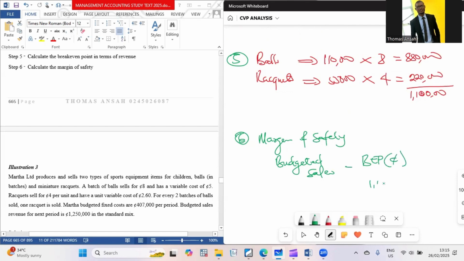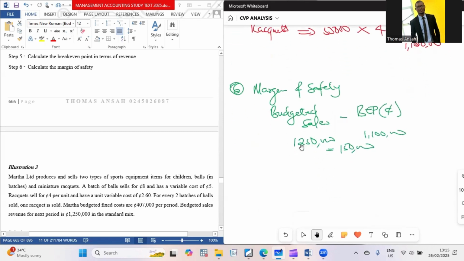Here is 1.1. Here you are given 1,250. So a difference of 150. If you were to do this as a percentage, it will be this minus this all over, so the 150 that we've gotten all over 1,250.